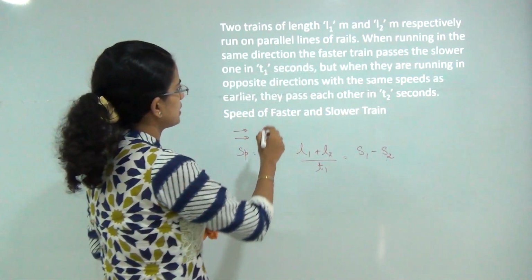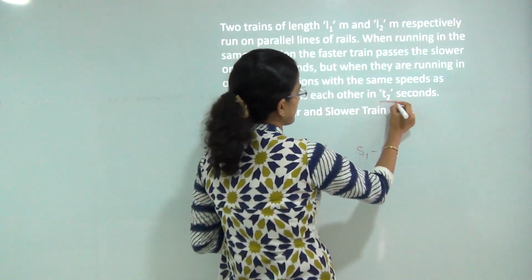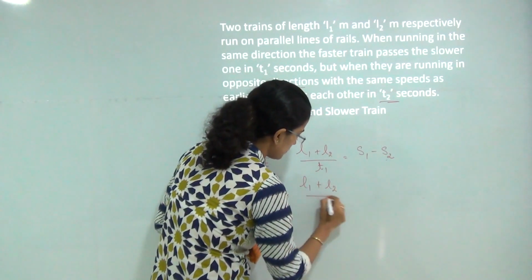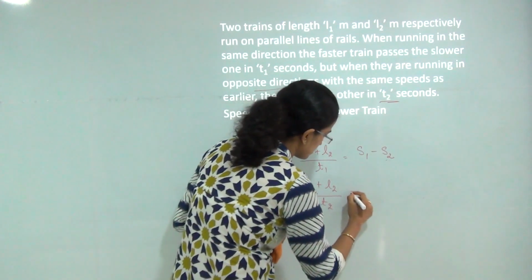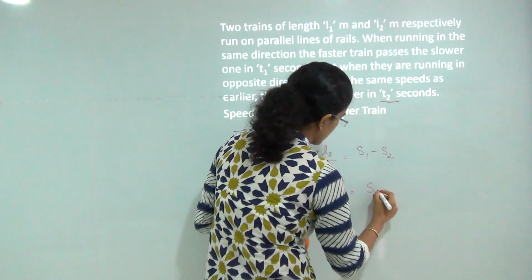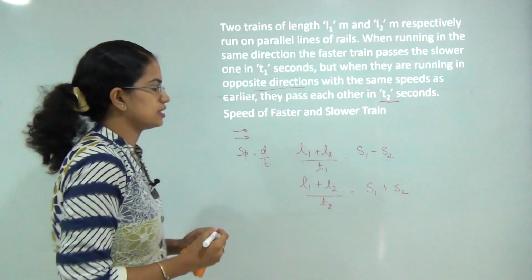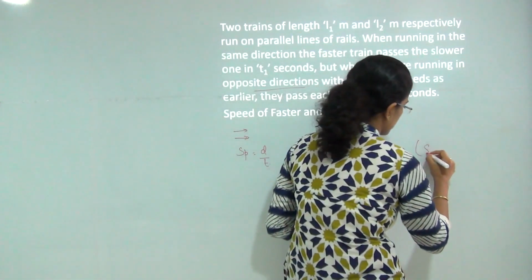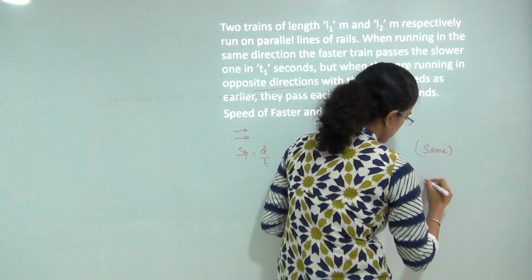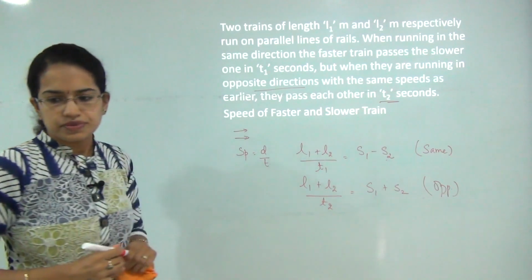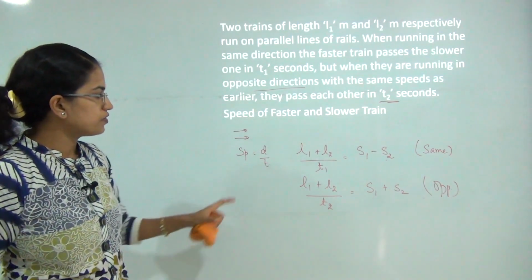And when they are moving in opposite directions, the time taken is t2. So I have another formula. The length of the two trains by time taken to cross is equal to S1 plus S2. That's the relative speed. So this happens when the trains are moving in the same direction, and this happens when the trains are moving in opposite directions.